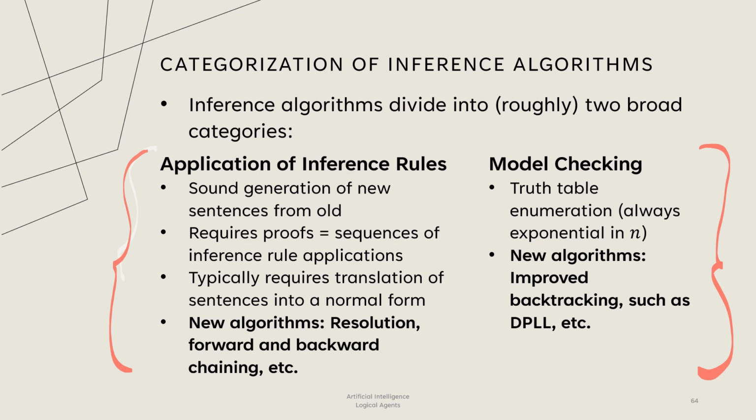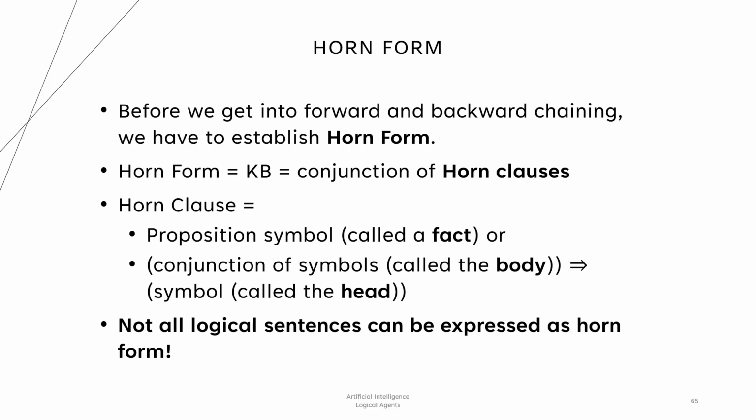So for forward and backward chaining, we're going to need to have our clauses in Horn form. Horn form just means that our knowledge base is a conjunction of Horn clauses, so they're joined by AND. A Horn clause is either just a proposition symbol, just the variable, in which case it's called a fact, or it's a conjunction of symbols called the body, and then a symbol called the head.